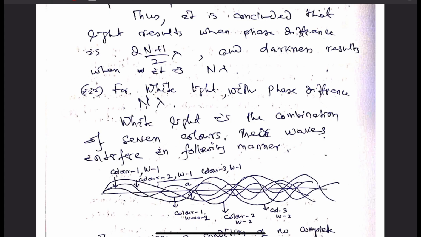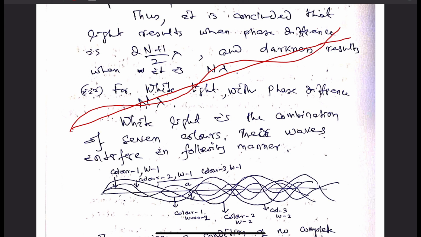Let us say the phase difference is n lambda. I will draw the 7 colors. Let us say this is color 1, and with n lambda difference, it will become extinct here. This is color 1, wave 1, and this is color 1, wave 2. They cancel each other.